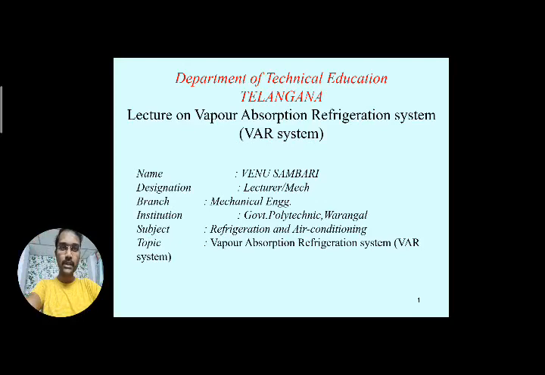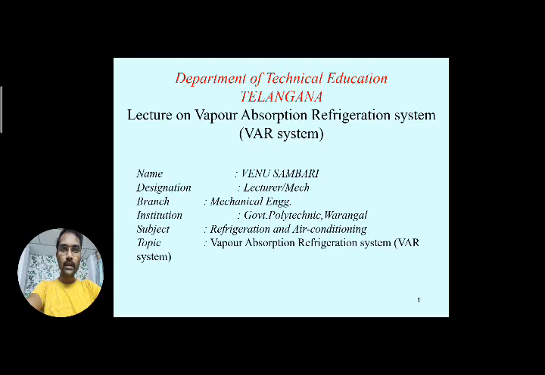We saw all the explanations, the PV diagram, TS diagram, and pH diagram, and in the last video class I explained the vapor compression refrigeration system, the components, the process, the different operations carried out in the total system, and how you get the refrigeration effect.